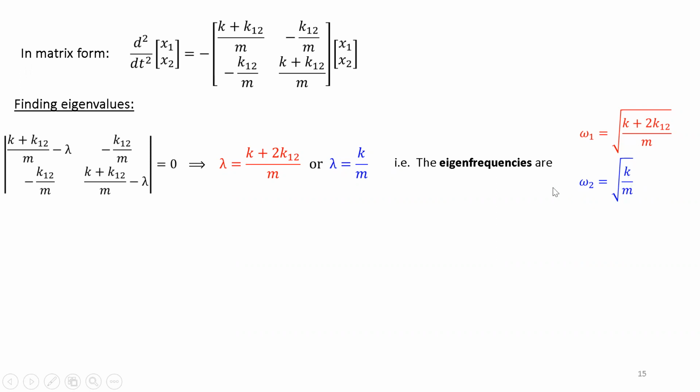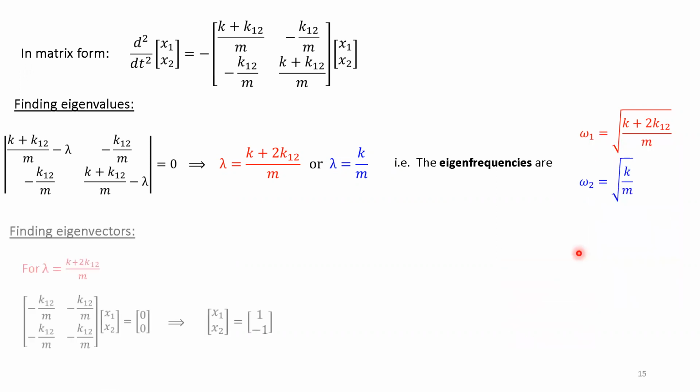Now, for each eigenfrequency, I can find the corresponding eigenvector. For this one, omega 1, you will be able to find that the eigenvector is 1 and minus 1.